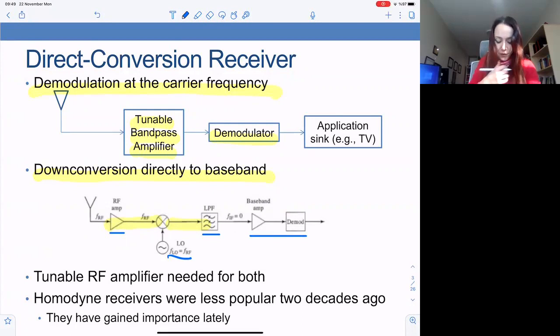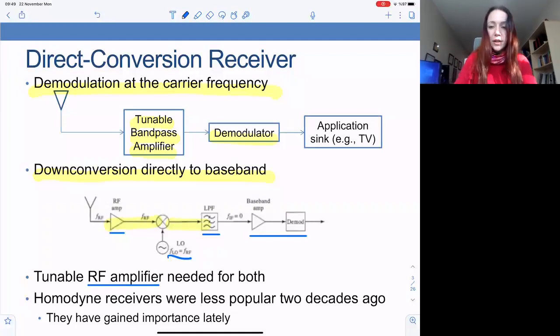Now, for both approaches, you would need a tunable RF amplifier, and it is a challenge to build this amplifier. It has to be tunable, as well as having good quality and working in a large range of frequencies. Those are quite tough design criteria to satisfy. All right. Now, in order to mitigate the handicaps of this direct approach, we will study something called the heterodyne receiver.